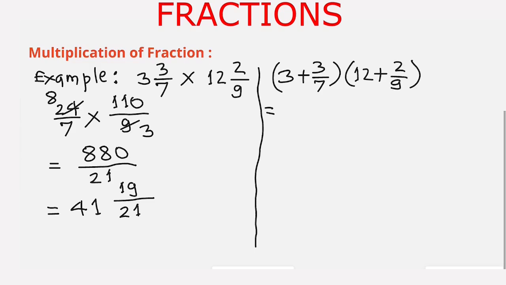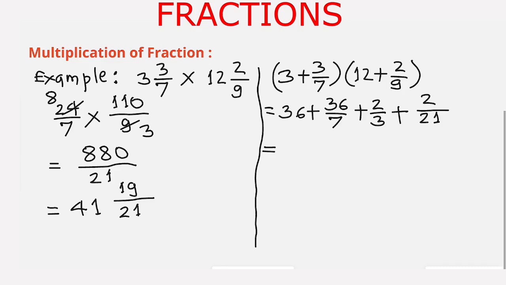This is equal to 12 times 3 is 36 plus 12 times 3 upon 7 plus 2 upon 9 multiplied by 3. 3 cancels 9 for 3 times, so it becomes 2 upon 3 plus, now we multiply 3 upon 7 by 2 upon 9. 3 again cancels 9 for 3 times, so it becomes 2 upon 21. 3 times 7 is 21.